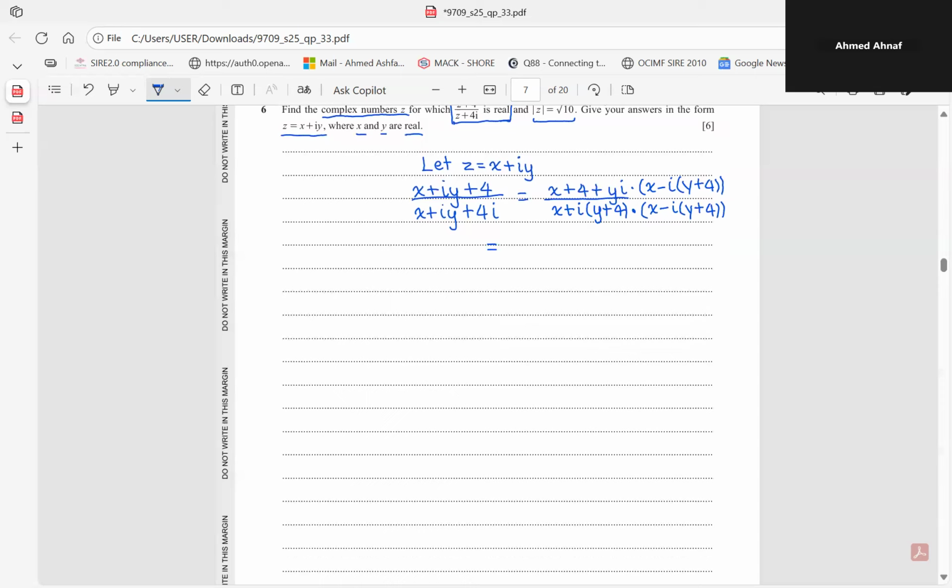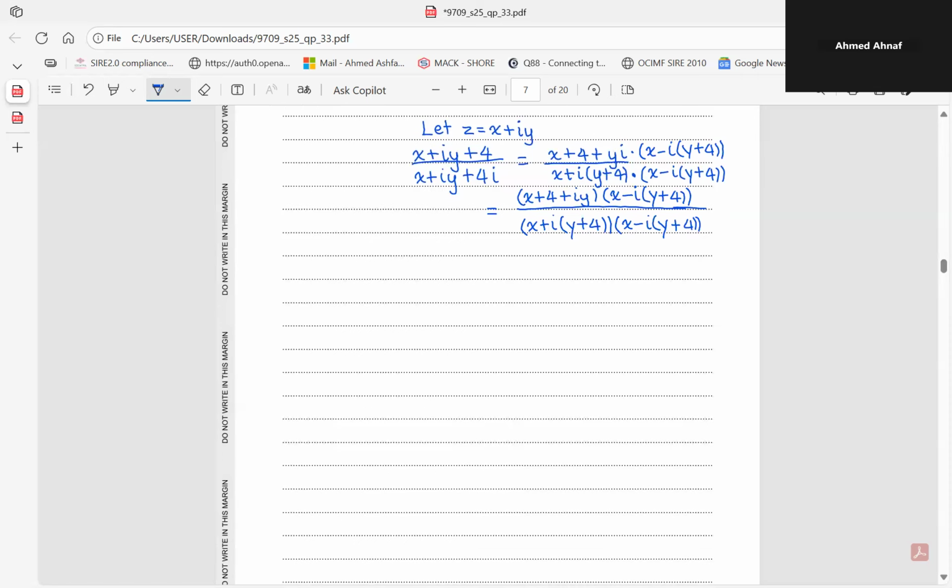Okay, so let's simplify everything. Let's simplify the numerator first.